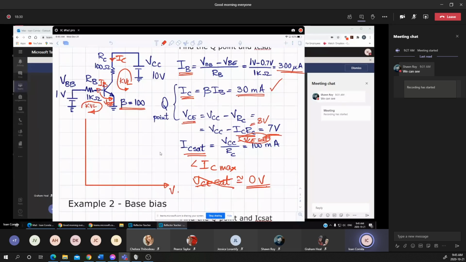That's the VCE, and that's the IC, the collector current. The question is how we can define the two extreme points in order to draw the load line.